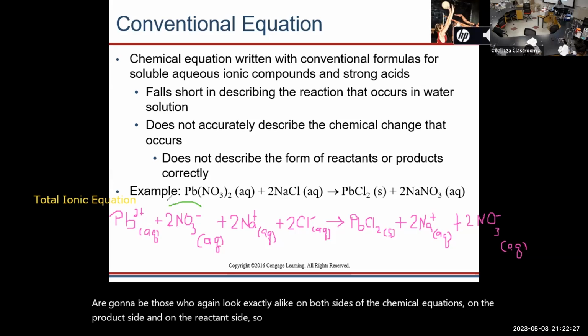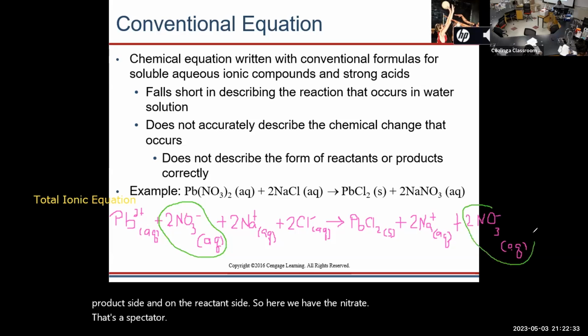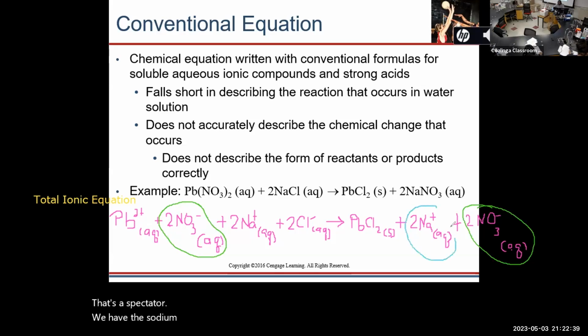So here we have the nitrate, that's the spectator. We have the sodium ion, that's also a spectator. So the ones that are actually reacting are going to be the lead ion and the chloride ion.